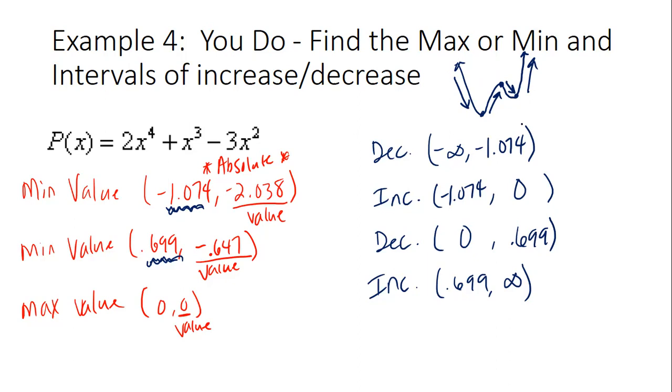Notice that intervals of increase and decrease are strictly based on your x values. You're always going to use parentheses, because you're telling me where it's increasing and decreasing, not where it's equal. So we're not going to have any brackets, just parentheses all the way through.